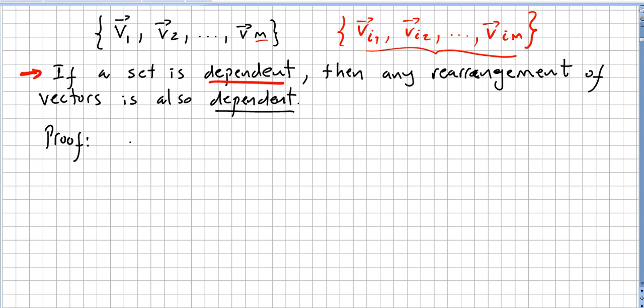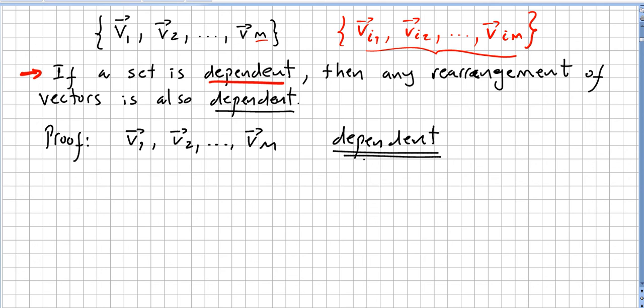The proof is simple. Let us say that v1, v2, vm, these vectors, are dependent.